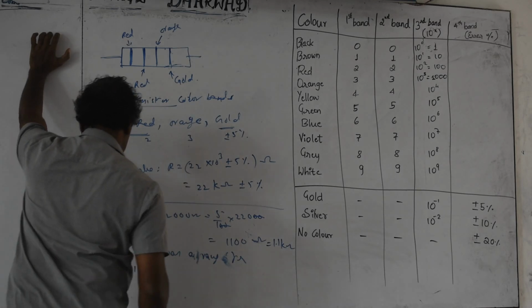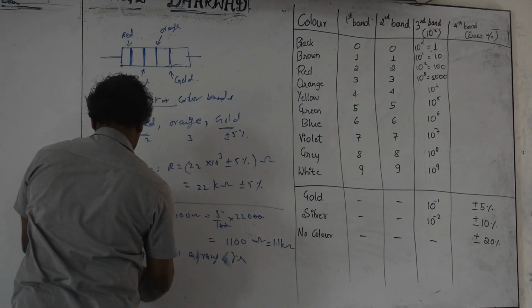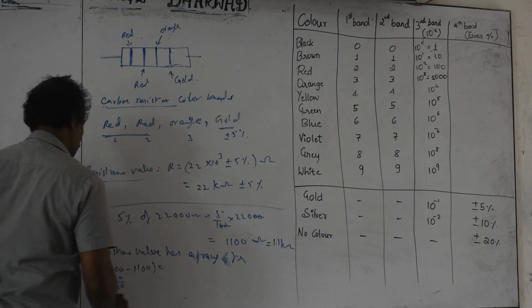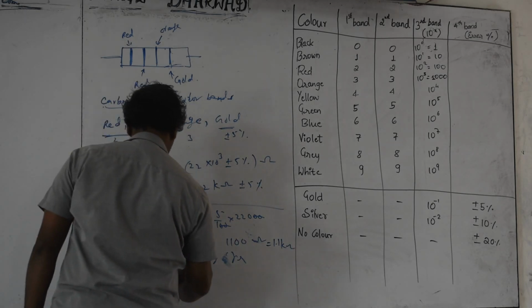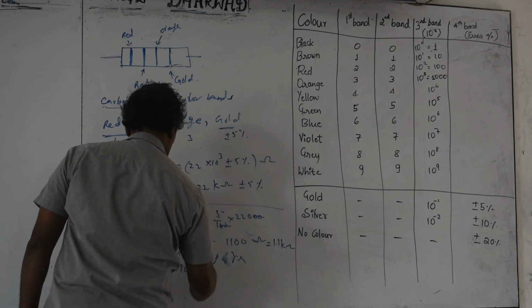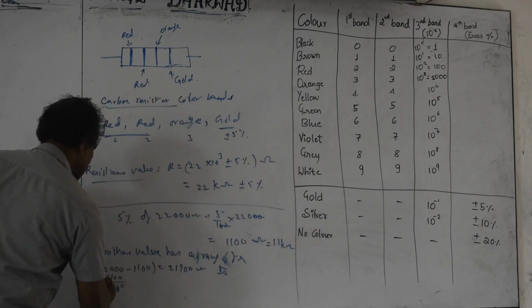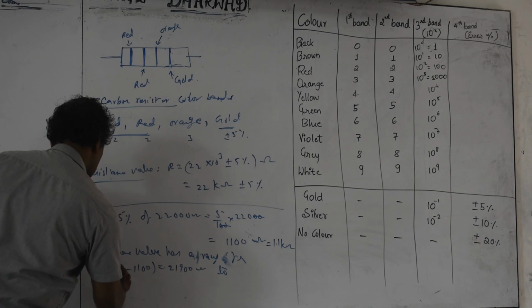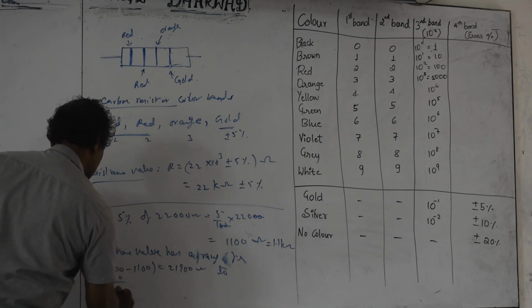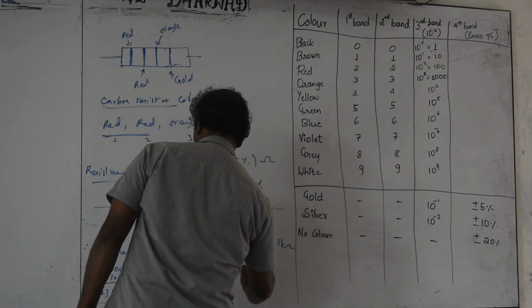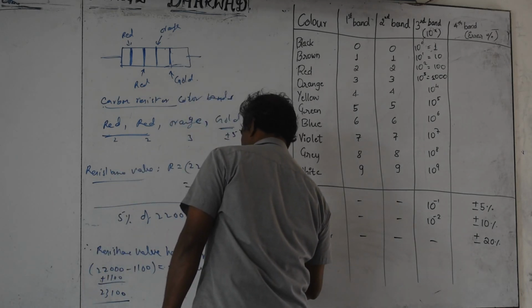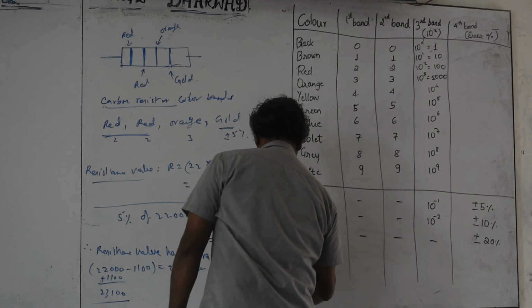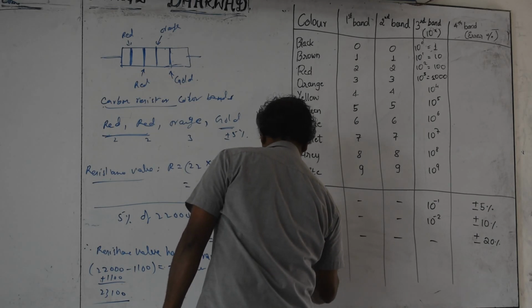How much will it be? 22,000 minus 1100 is 20,900... that is, 21,900 ohms. Adding, 22,000 plus 1100 is 23,100 ohms. So this is the range.